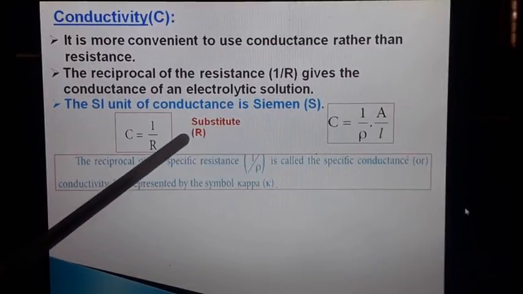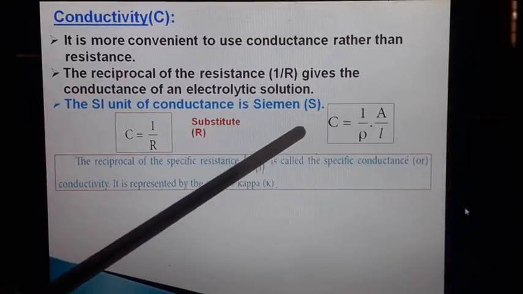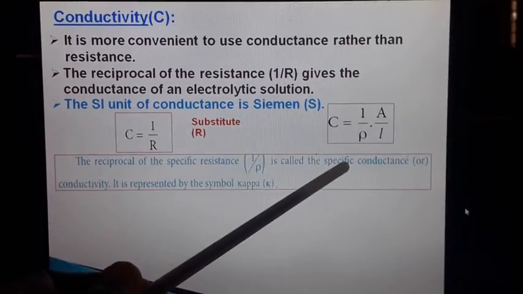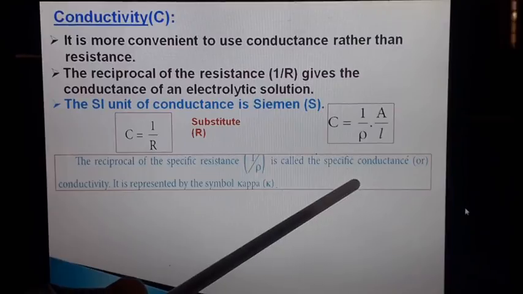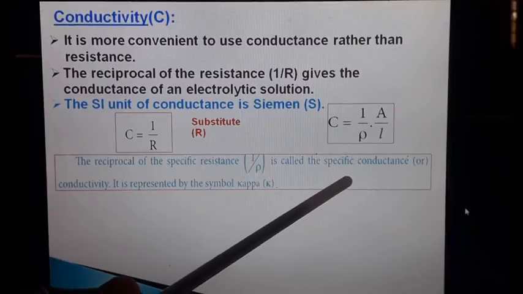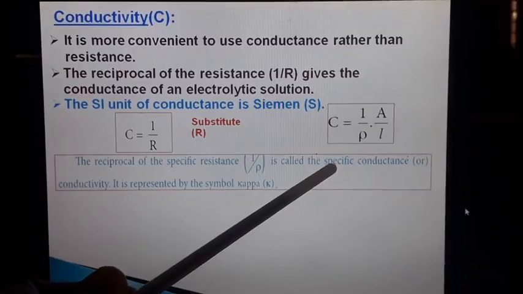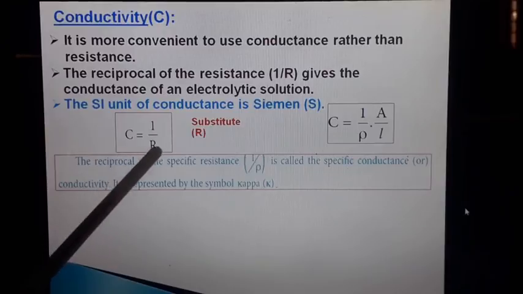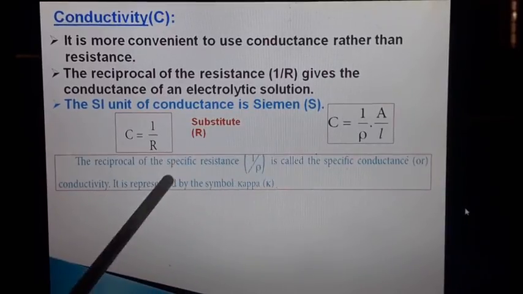The reciprocal of the specific resistance, 1 by rho, is called the specific conductance.